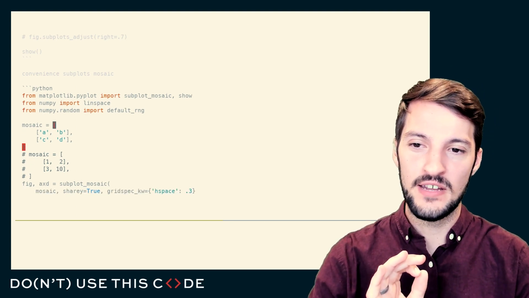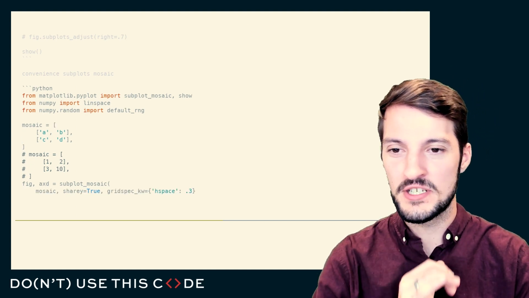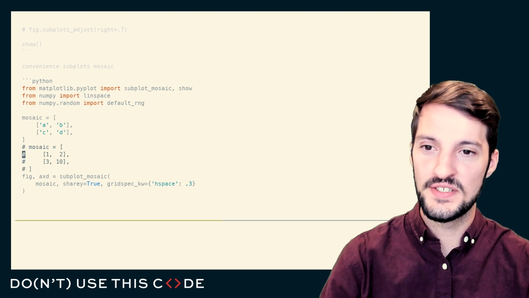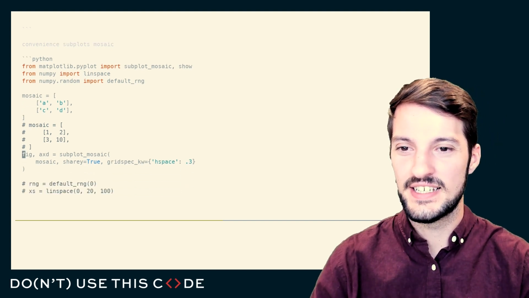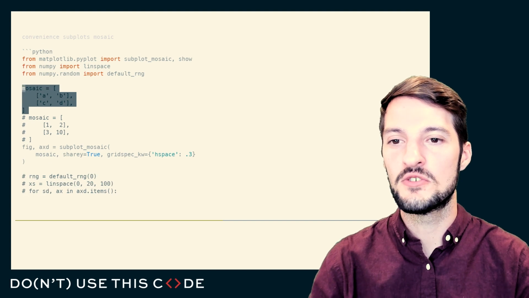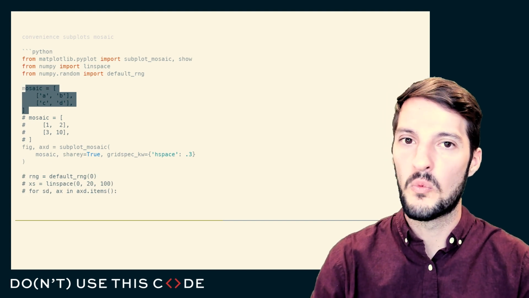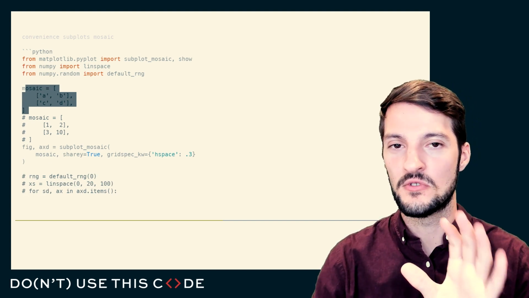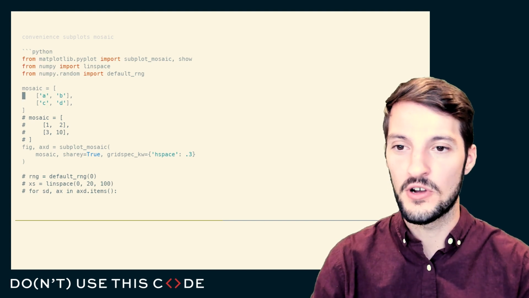My absolute favorite entry point, which I recently learned about just a few months ago and can't stop using, is Mosaic. Subplot Mosaic allows you to create a visually based representation of what your axes will look like when you draw them.